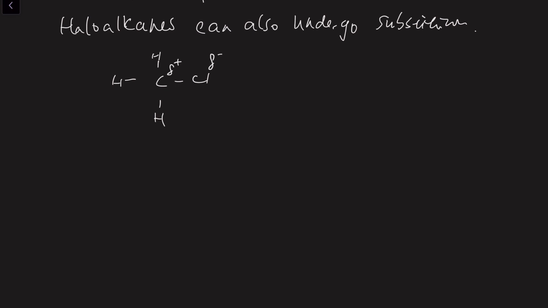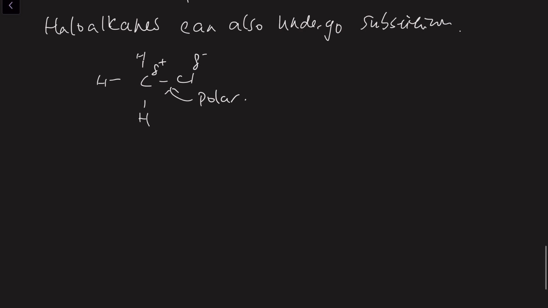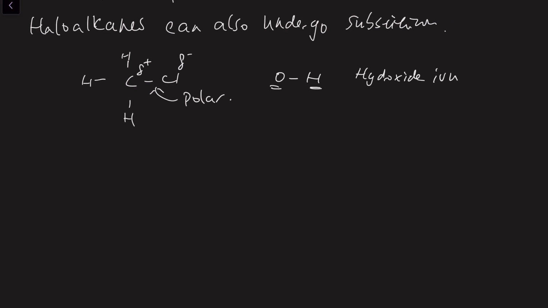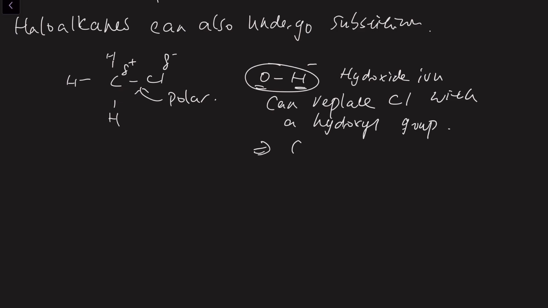So the covalent bond between C and Cl is polar. And because it's polar, something like an overall negatively charged hydroxide ion can replace the chlorine with a hydroxyl group. And this creates alcohol.